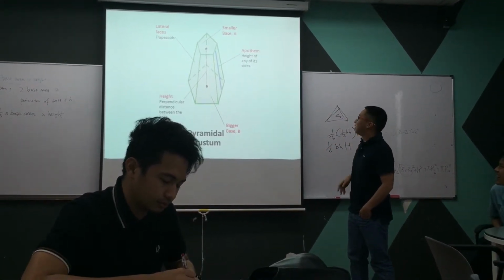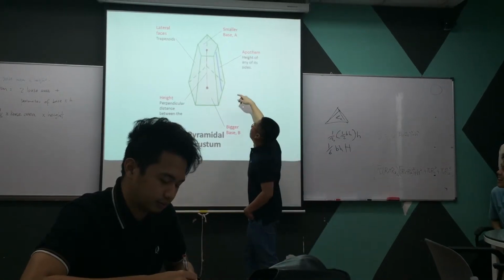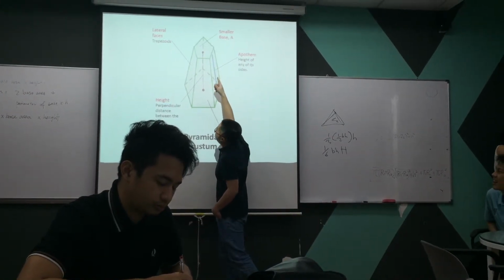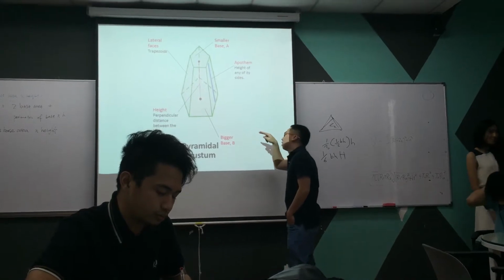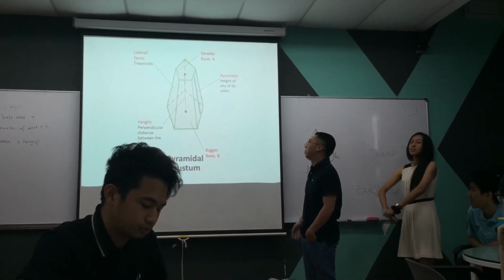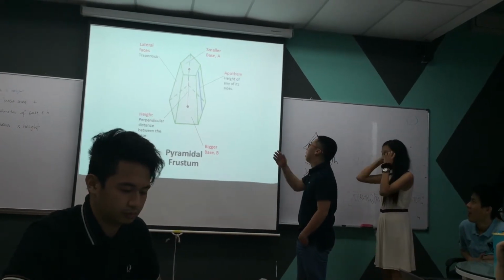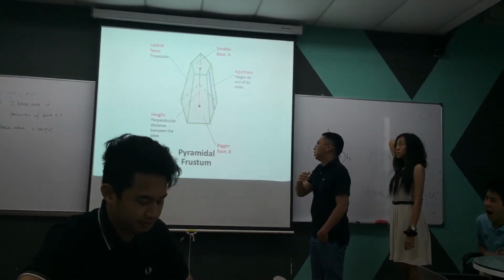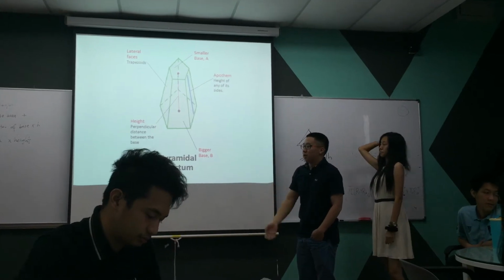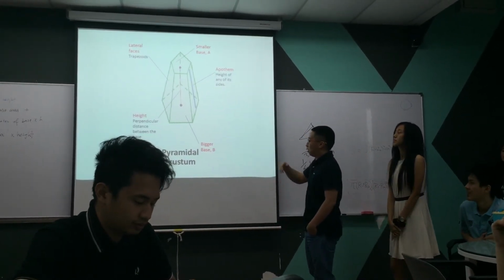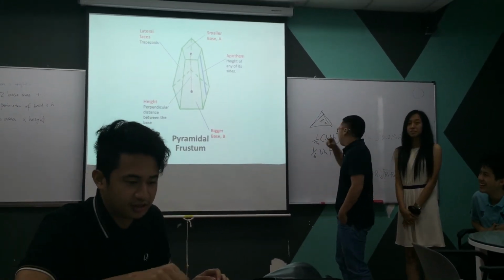The slant goes from a point on the smaller base to the bigger base. There are lateral faces, the smaller base, the bigger base, and the height.